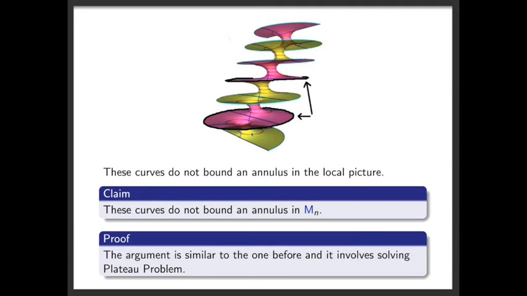If this was in R3, that would contradict the convex hull property, but that doesn't contradict the convex hull property in the torus. And so the argument is a bit more complicated. We have to lift this annulus into R3 and obtain a contradiction by studying the geometry of this annulus.